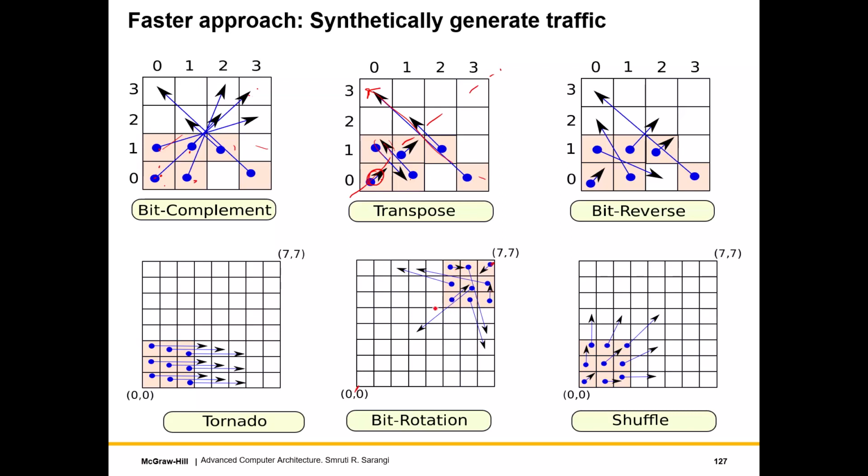There is a movement either leftwards or downwards, or a combination of left and down, but the entire traffic is trying to come towards the origin or the axis. Pretty much, if these are the axes, the entire traffic is trying to come this way. So this would typically be useful when I'm trying to reduce something, in the sense the computation has finished and I'm trying to bring everything close to me.